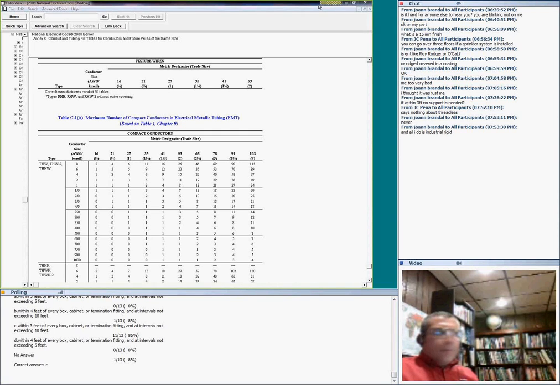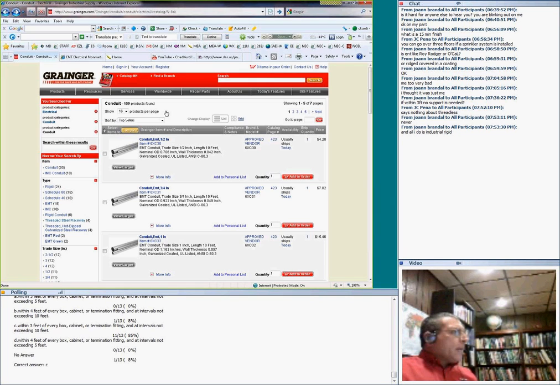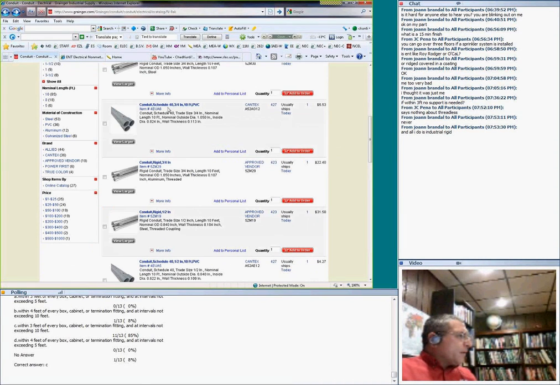This is what I want to show here, guys. The next thing I want to show you, you go to Grainger and you can find all these conduits. I'm sure you guys are very familiar with it. Different types of rigid, PVC, schedule 80, and so forth.